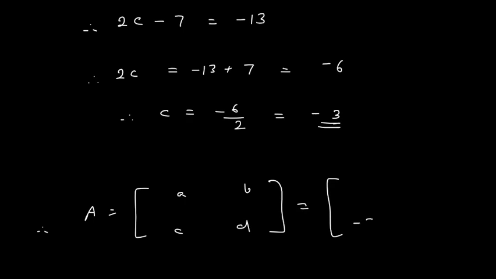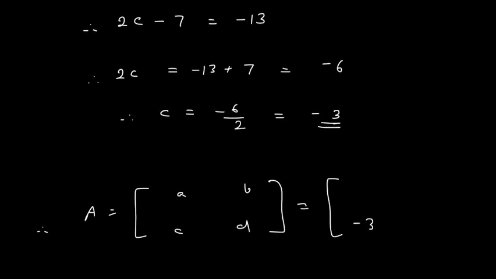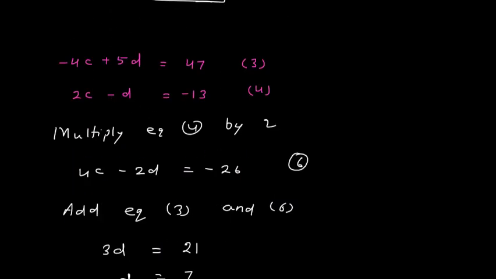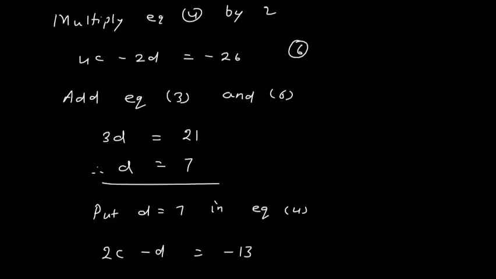So matrix A is [2, 5; -3, 7]. So this is our matrix A, and this is how we can find the values of a, b, c and d. We should know the multiplication of matrices, and we should know how to solve linear equations. That is how we can solve this particular problem.